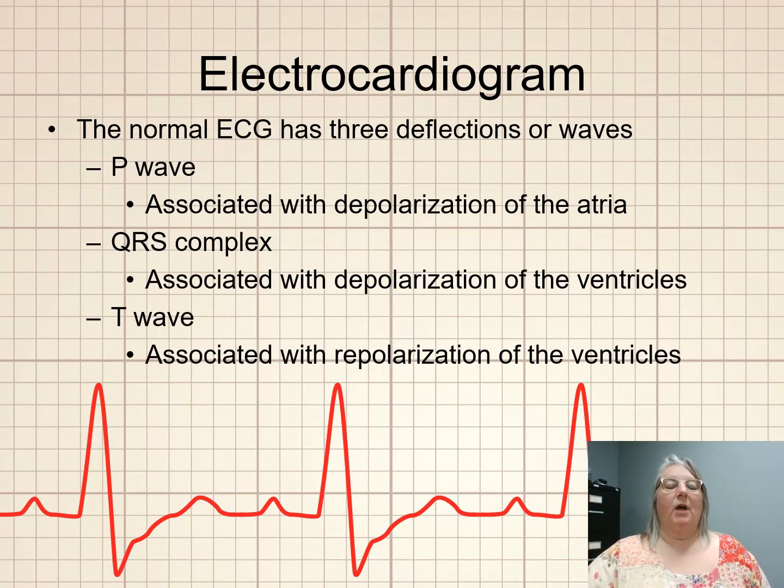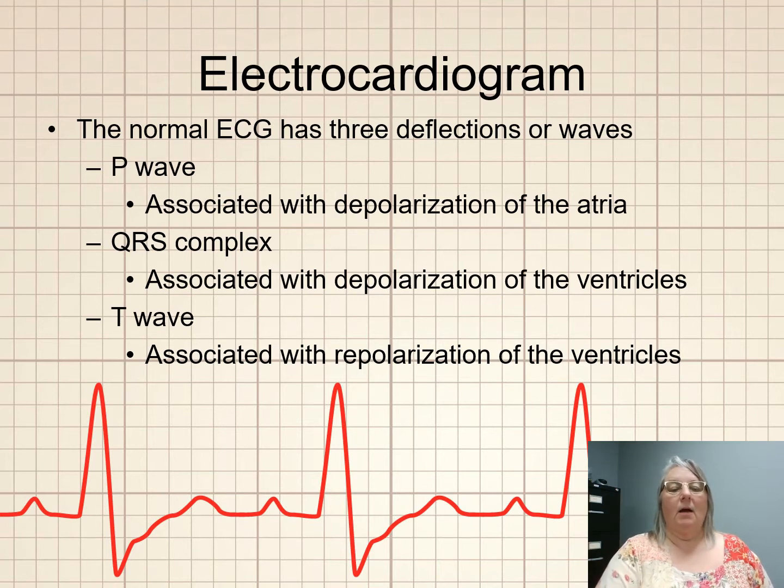There are 3 waves that we look at when we look at an EKG. And I want to start this with, know that the electricity does not mean that the muscle is working. It means that the muscle was told to work. So the P wave is associated with the depolarization of the atria.